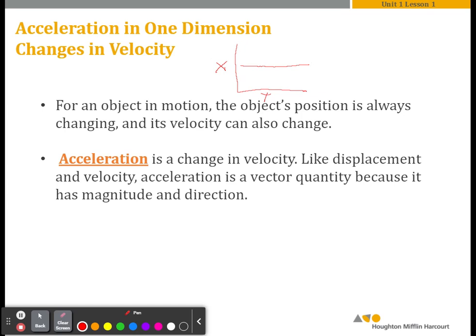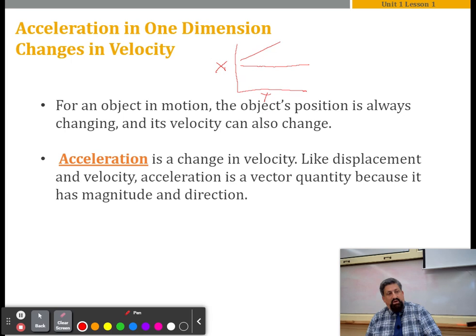That means no motion. If the object is moving in a positive direction, then we would see a positive slope, and so the displacement or the position is increasing over time. If it's moving in a negative direction, we'd see a negative slope where the position is decreasing over time.